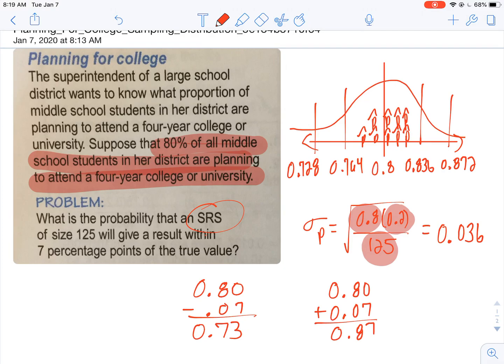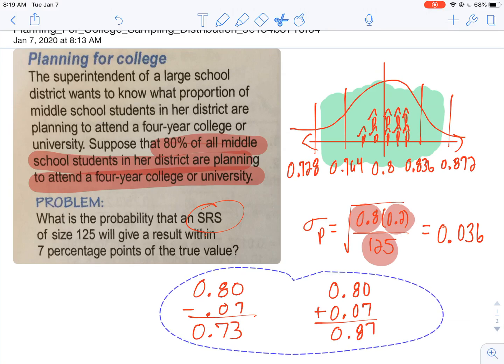So I'm looking at the probability that I'm going to find statistics kind of in this ballpark. And I'll shade it in here. So somewhere in here. Based on what I know about normal distributions, since it's almost two standard deviations out, I can be pretty confident that my answer should probably be in the ballpark of about 95%.